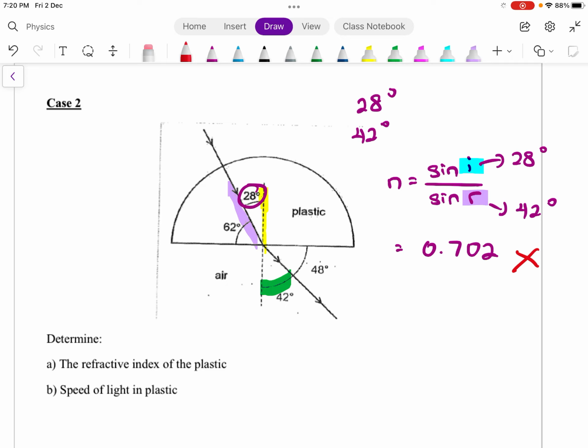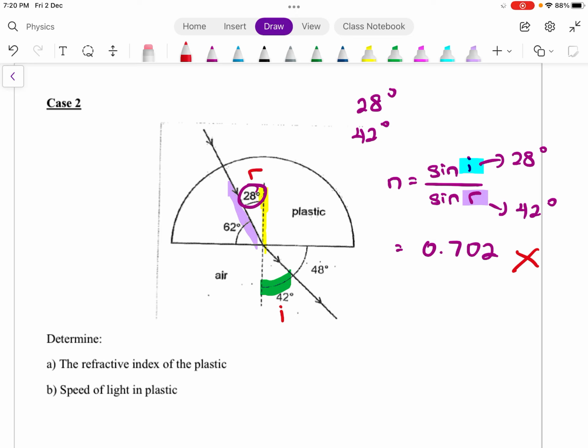So what is the issue in this particular case? We need to understand one thing: the angle of incidence is always in the less dense medium. So of course, this 42 is what we call the angle of incidence, and this 28 is what we call the angle of refraction.